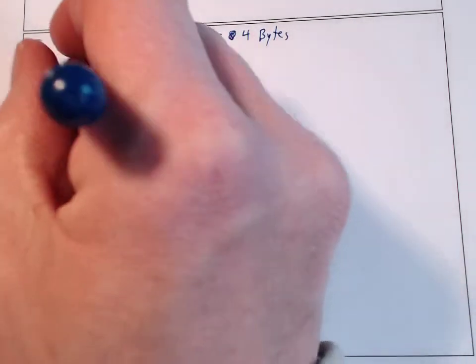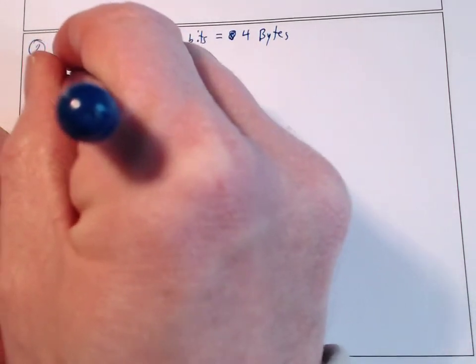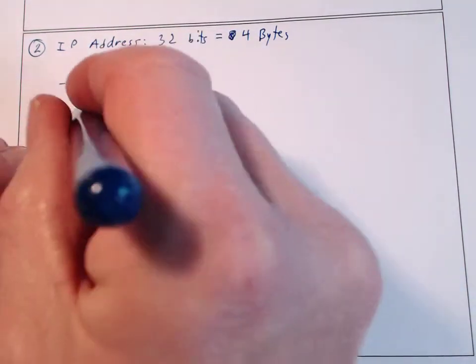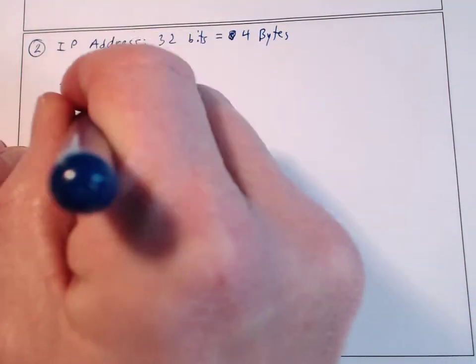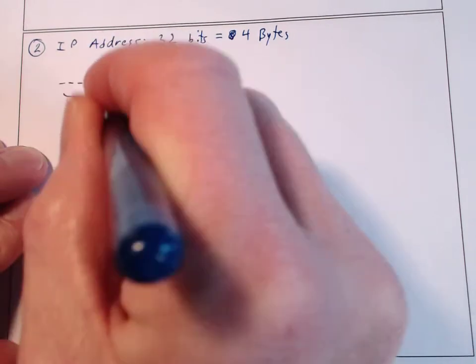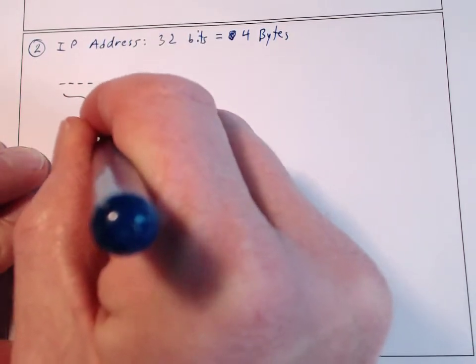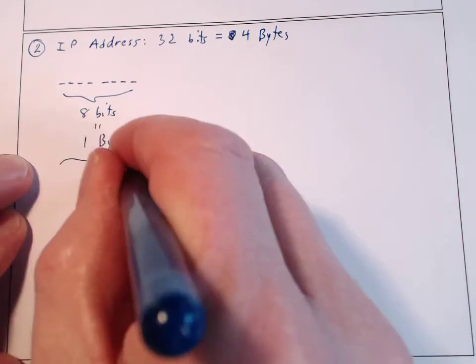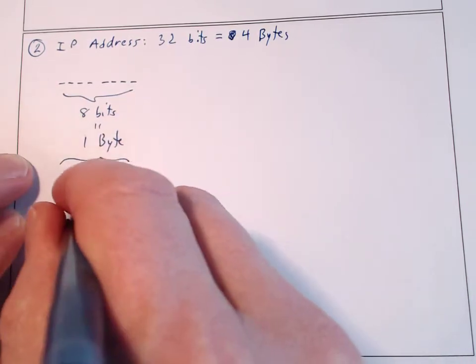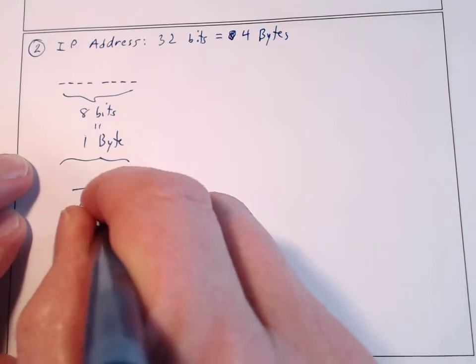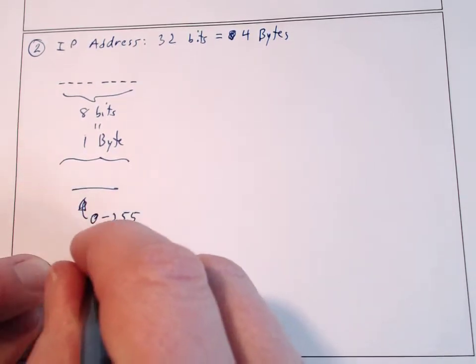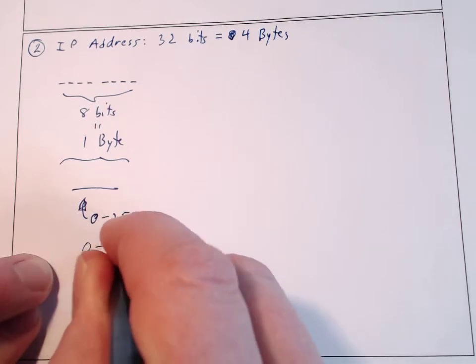So we have 1, 2, 3, 4, 5, 6, 7, 8 bits, which is 1 byte. And the byte value is in the range from 0 to 255, which is from 0 to 2 to the 8th minus 1.